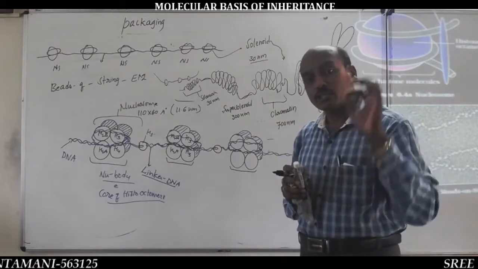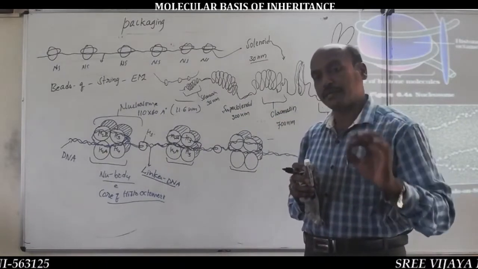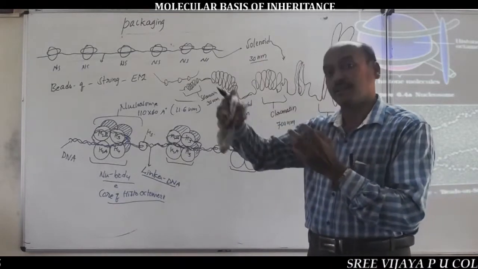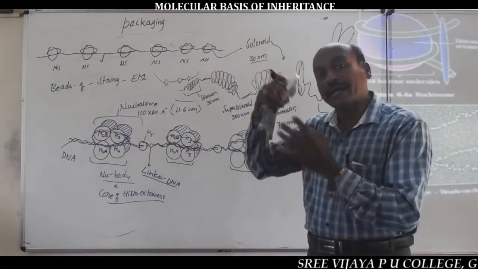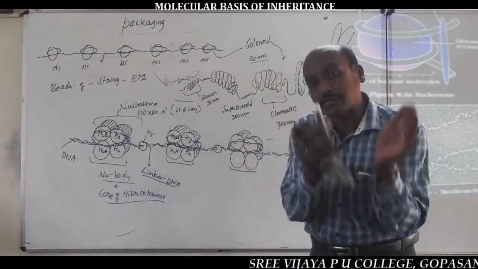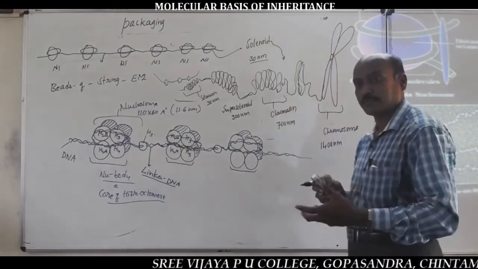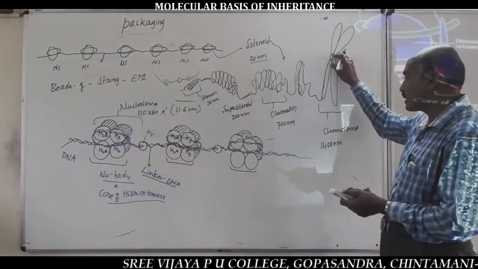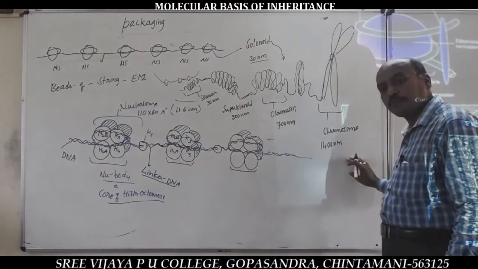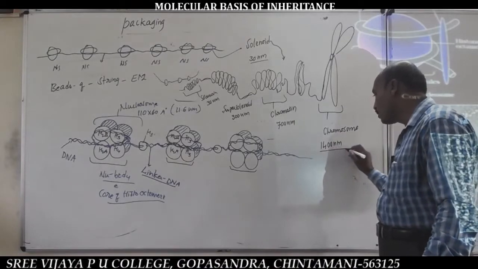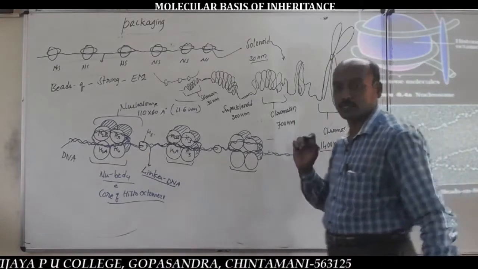And this chromatin or chromatid is further condensed at a higher level during metaphase of cell division to produce a rod-shaped structure called chromosome, with a diameter of 1400 nanometers.